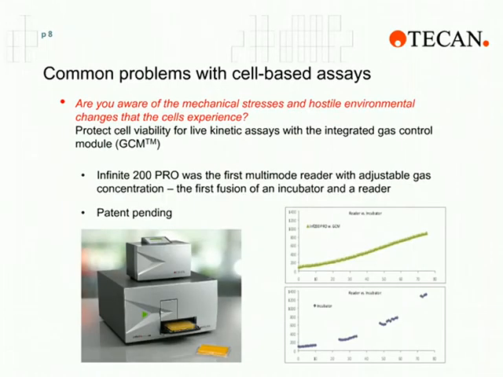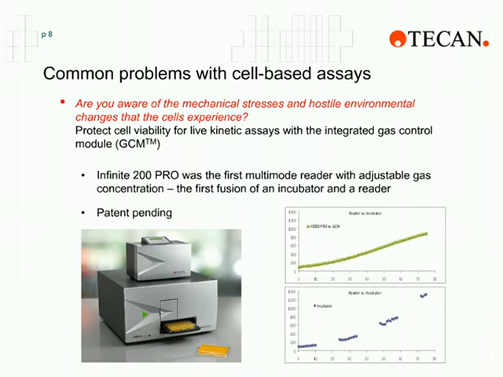If we go on in the assay workflow in terms of protecting cells, how can you do this but also want to do a readout simultaneously? So Tecan offers with the gas control module an excellent solution. You can control your oxygen and your CO2 concentration simultaneously, and all this inside the reader, so you actually have something like an incubator.